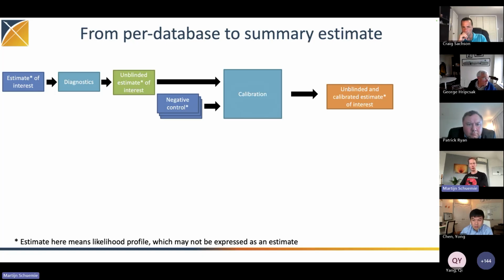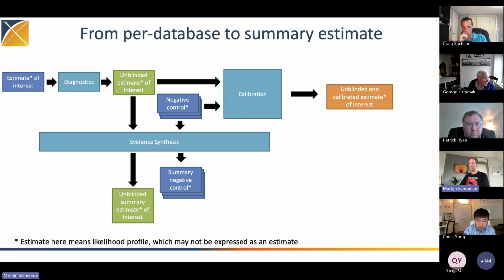But now if we want to do this across the network, then these unblinded estimates go through evidence synthesis. And then we have a summary unblinded estimate across the network, but only the sites where we pass diagnostics actually contribute to this synthesis. We do the same thing for the negative controls.